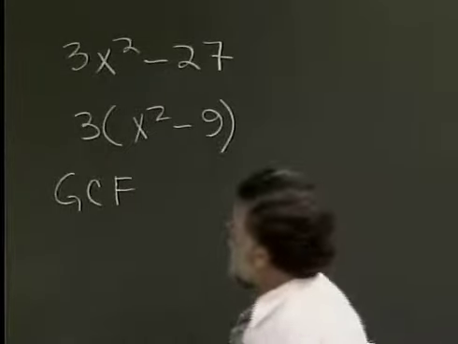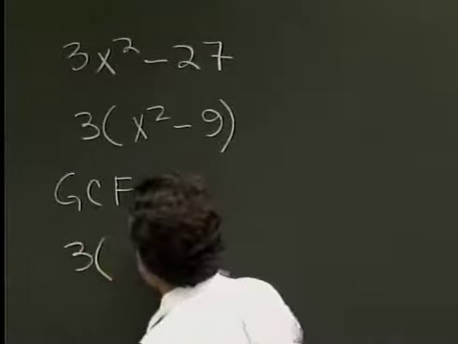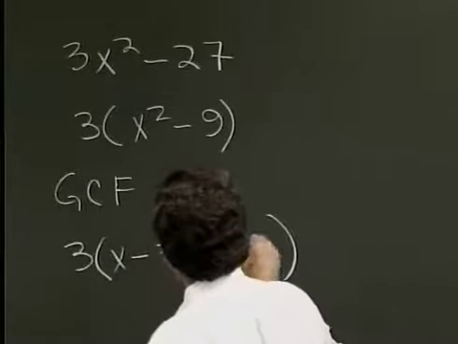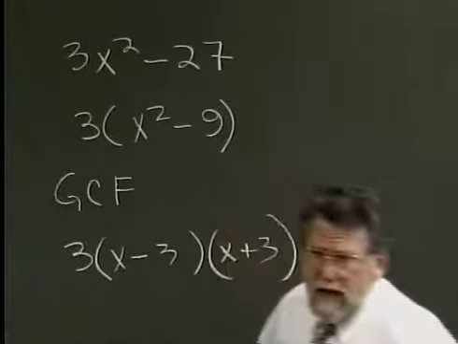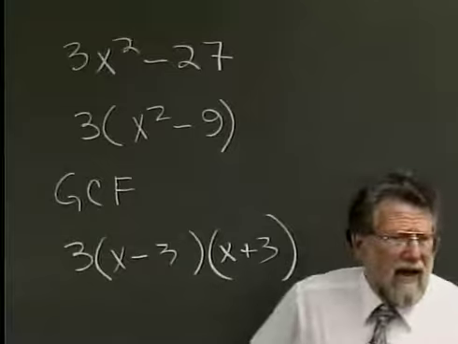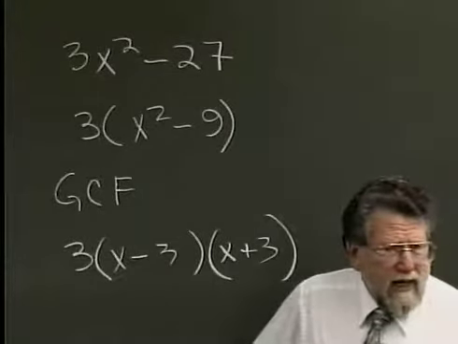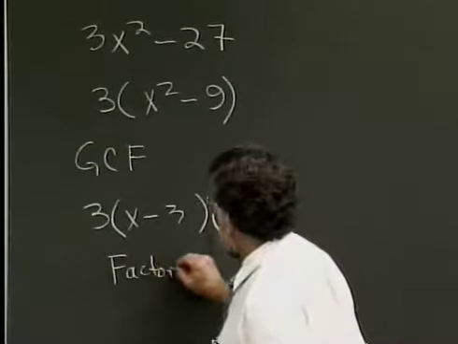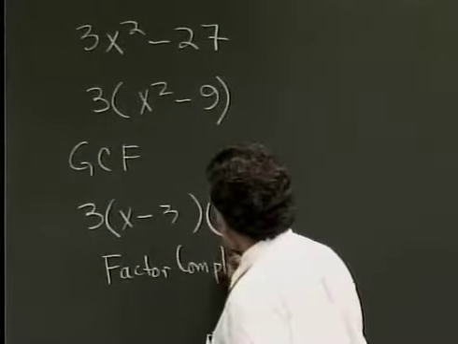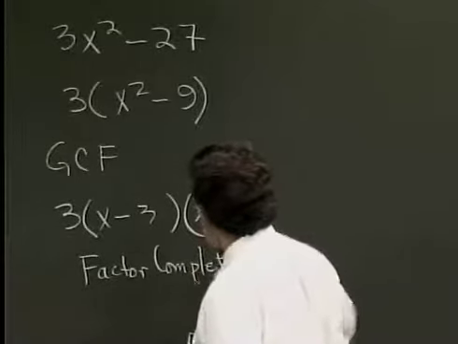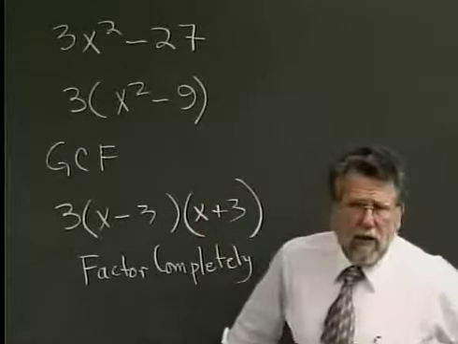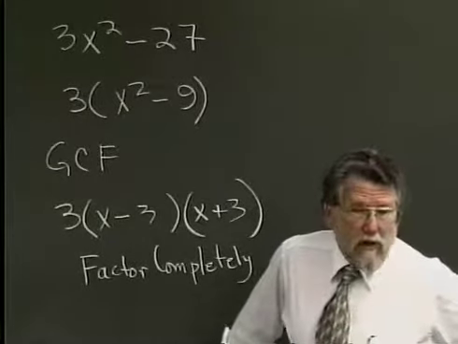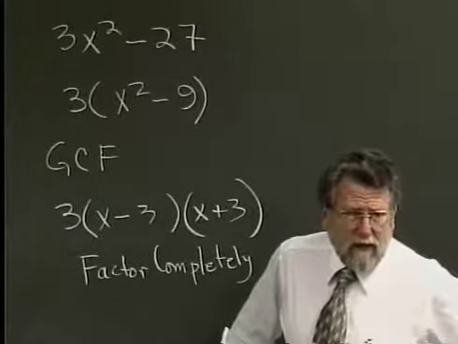Now, it so happens, if I remember about the x squared minus 9 as being the difference of two squares, I could then factor completely. And so you will find the particular language that we talk about as factor completely, meaning first, take out a greatest common factor if possible, and then whatever is left, try to again factor.